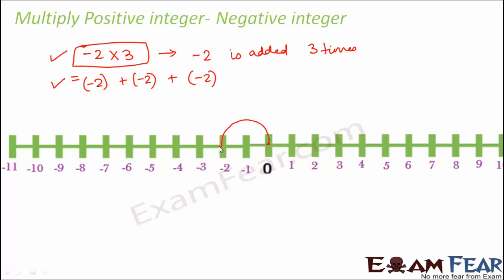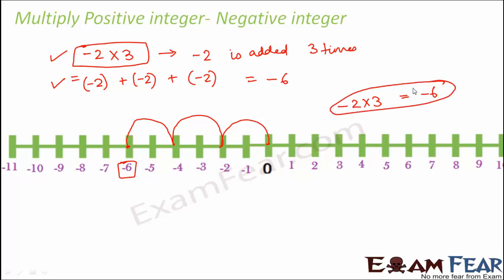You added minus 2 one more time, so you reached minus 4. You added minus 2 one more time, so you reached minus 6. So if you add minus 2 for 3 times, you will get minus 6. And that is why when you multiply 3 to minus 2, you get minus 6. So this is what we mean by multiplication.